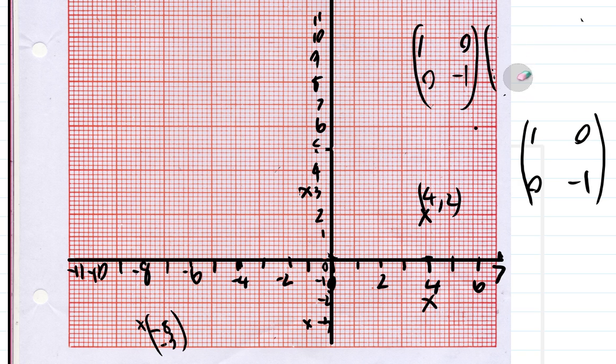Let us find out. 1 by negative 8 is negative 8, plus 0 by negative 3 is 0. 0 by negative 8 is 0, plus negative 1 by negative 3 gives positive 3. So negative 8, negative 3 goes to negative 8, positive 3. It goes from 3 below to 3 directly above.